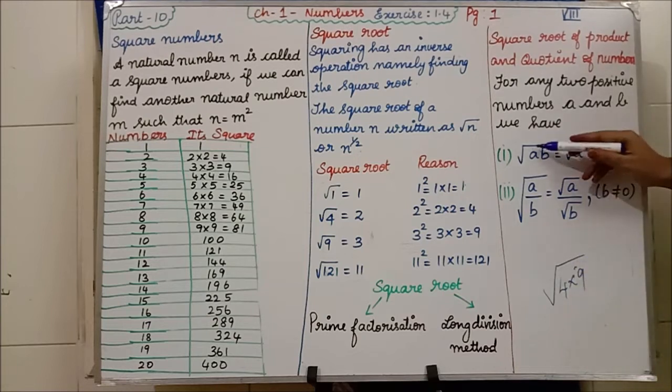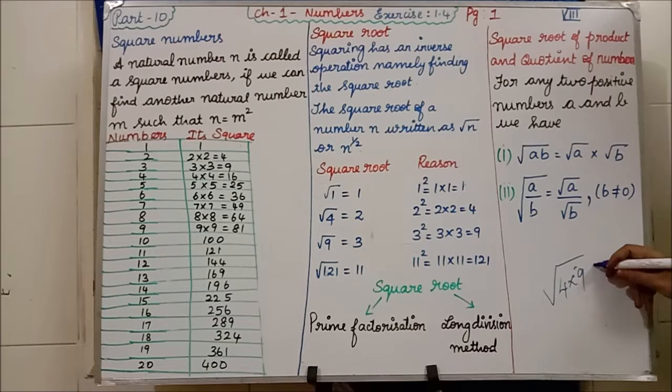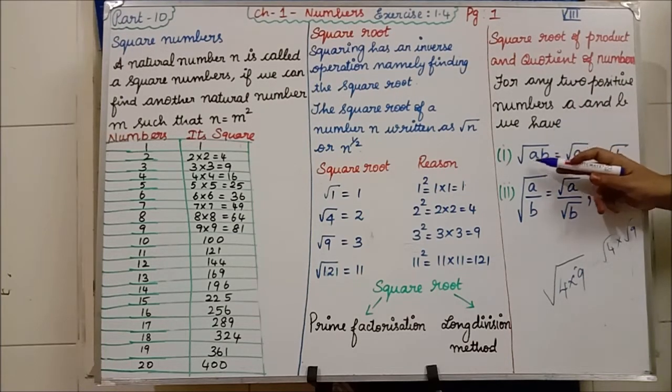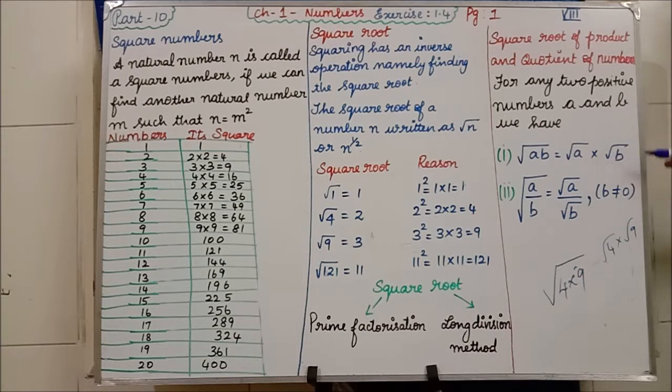Instead of a you take 4, instead of b you take 9. So 4 into 9, how can we split? Square root of 4 into 9 equals square root of 4 into square root of 9. Separately we can write that square root of ab equals square root of a into square root of b.